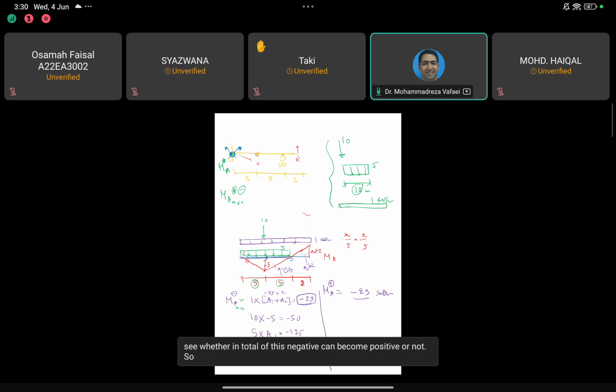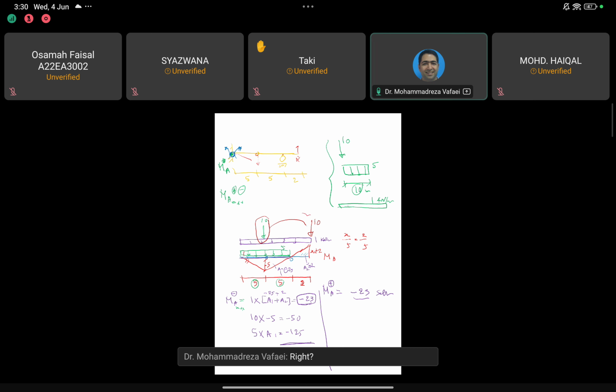So if you want to make the bending moment positive, obviously this 10 that before this was on the negative side should be shifted to the positive side, should come here. So this is 10, right? So we have positive 10 multiplied by 2. This one can give us around 20 kilonewton.